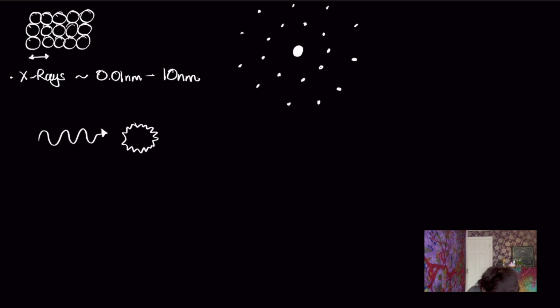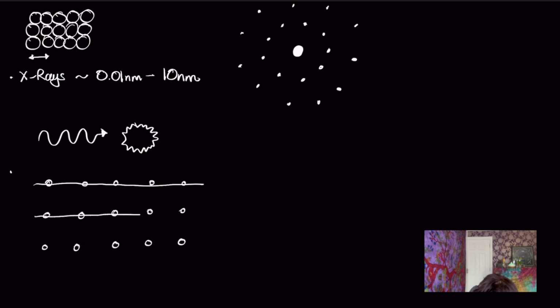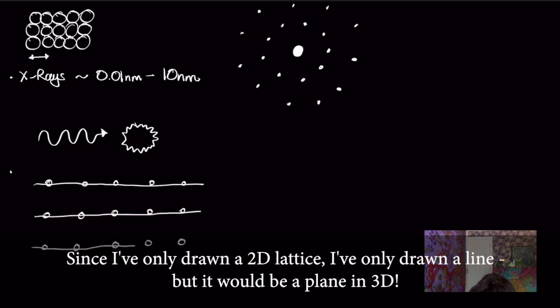So let's go ahead and draw out his schematic. These are lattice points right here, but of course there are going to be atoms attached to them. He considered the atoms to be arranged in planes right here. So you can draw a plane that cuts across one row of atoms.